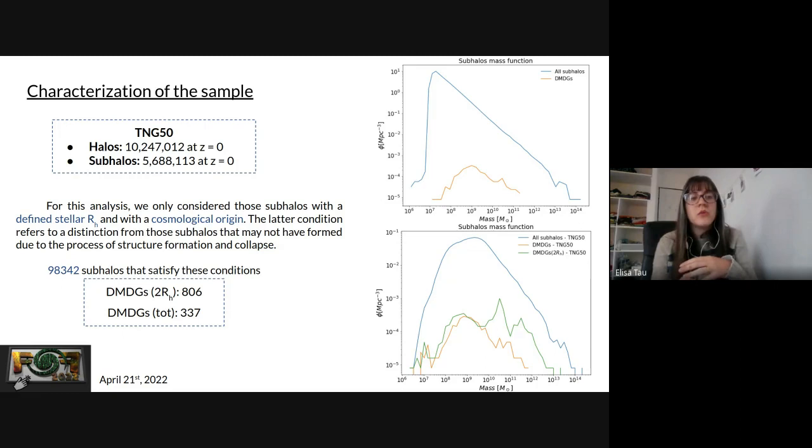Once we finish this theoretical work, we would like to make some comparisons with observational data, especially for those types of galaxies, because we think they would be really great candidates. They are also low mass galaxies, and as the theory tells us that these types of galaxies would be low mass, we are really interested in studying them and comparing with the observational data.